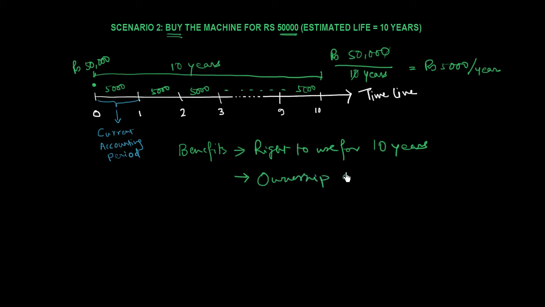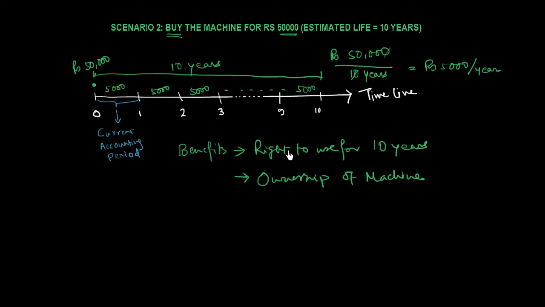In this case you become the owner, which was not there in the last case. Once you are the owner, you can do anything with it. After 3 years, if you don't need it because technology has advanced and you need a better machine, you can sell it off.